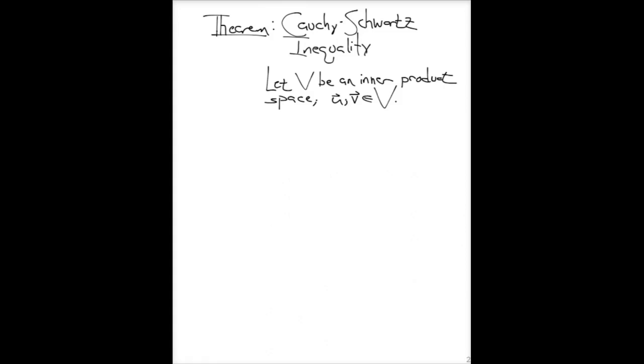Now we state the celebrated theorem, the Cauchy Schwarz inequality, which is named after two mathematicians, Augustin Louis Cauchy and Karl Hermann Schwarz. You should read your book. There's a short biography of these mathematicians and the contributions they made to mathematics, one of them being this important inequality, which we'll state now.